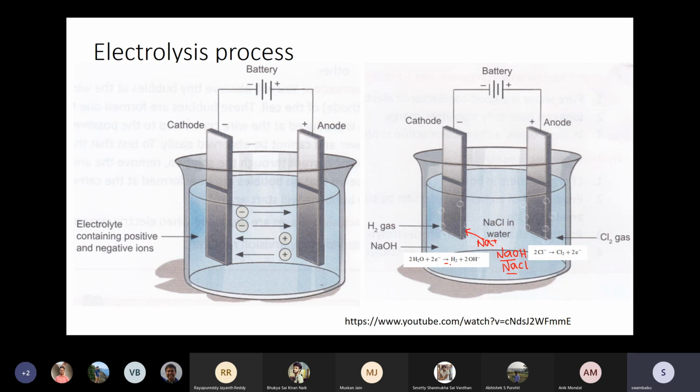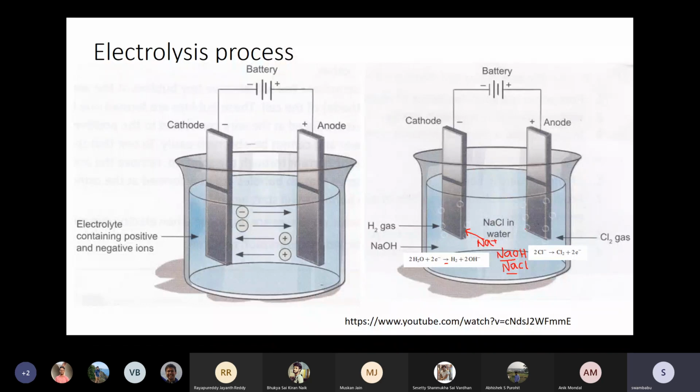So these are the two major problems if we directly put two electrodes in a beaker containing salt water. So what is the way we can enhance this process?